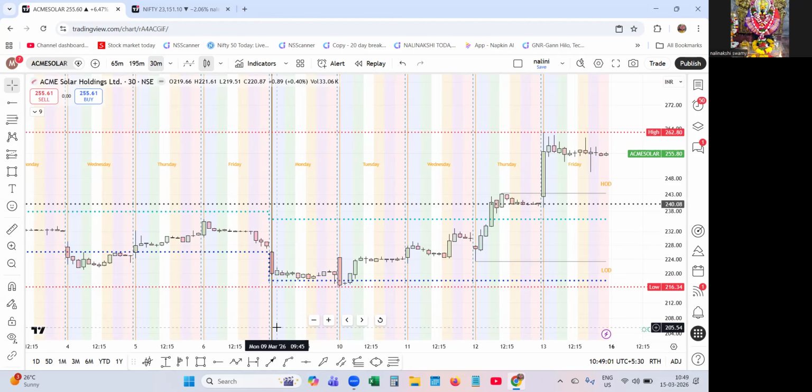Instead of looking only at price, traders start observing the interaction between time and price. This improves timing, patience, and clarity in intraday trading. I have brought so many indicators to bring clarity, confidence, and conviction in intraday trading, because intraday trading is very choppy, volatile, and confusing.